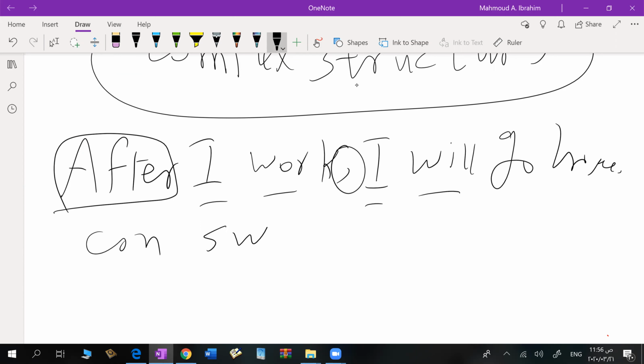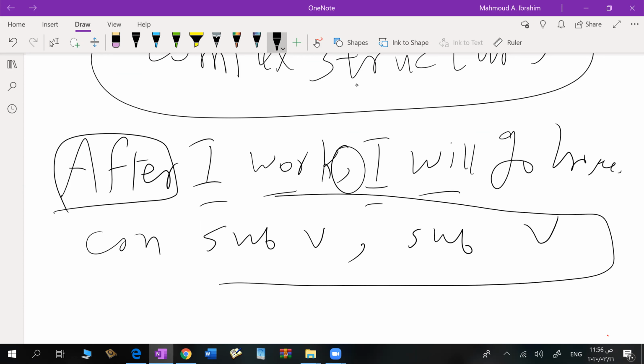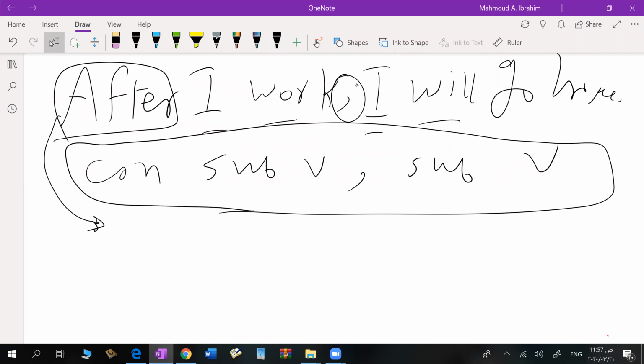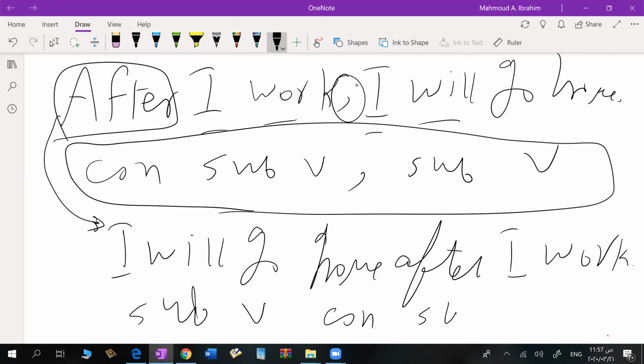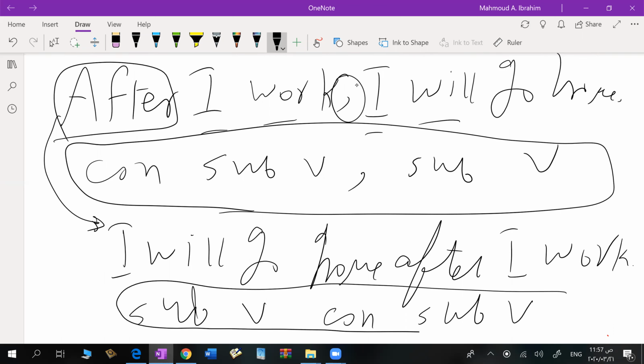The same sentence can take another form: I will go home after I work. So here we have subject verb, connector, subject verb. Do we have a comma here? Can you see a comma in the other sentence?